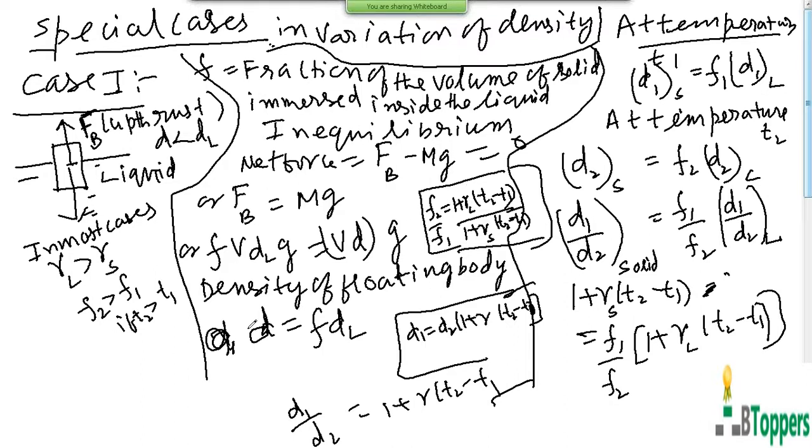If you multiply both numerator and denominator with 1 plus gamma L into T2 minus T1, you can write it this way, multiplied by 1 plus gamma for solid into T2 minus T1 to the power minus 1.